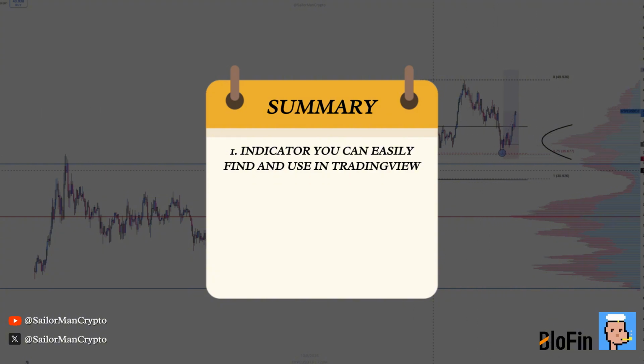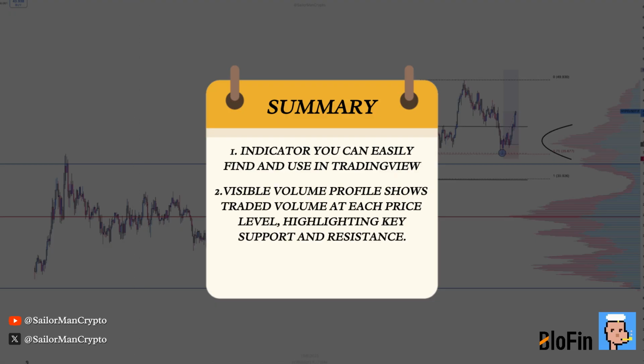The visible volume profile is showing you the volume exchanged at certain prices on the chart you are viewing at exactly that moment. So it's different from the fixed volume profile, which shows just the volume profile of the area you select. By zooming in and zooming out, you will change the outcome of the indicator according to the chart you are currently viewing.